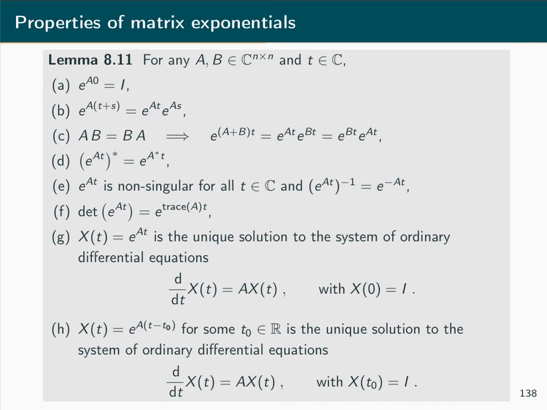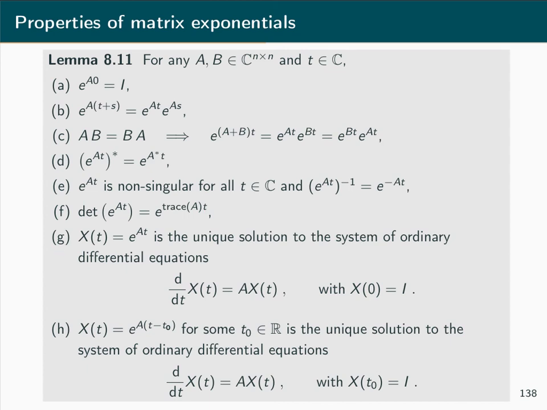D, e to the At adjoint is equal to e to the adjoint of A times t. E, e to the At is non-singular for all scalars t, and moreover, the inverse of e to the At is equal to e to the minus At. F, the determinant of e to the At is equal to e to the trace of At.